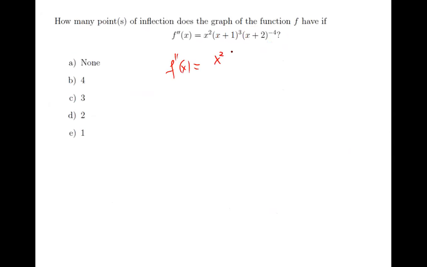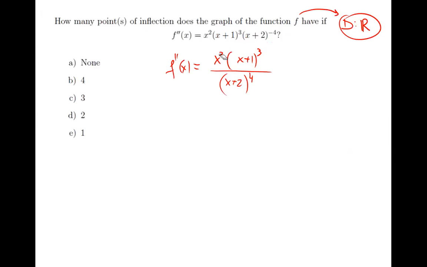We do have x squared, we have x plus 1 cubed, and we have x plus 2 to the power of 4, but in the denominator. And let's assume that this function is defined everywhere, because I don't want to exclude any numbers. The function is continuous on all of the real numbers. That's R, all real numbers.